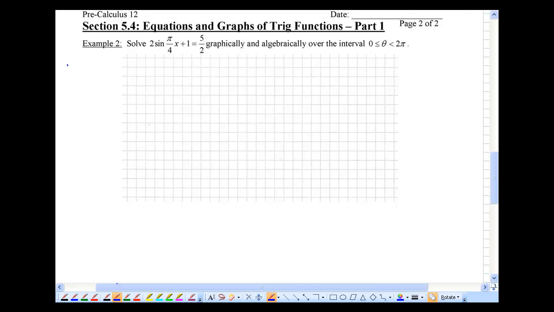So graph out y equals 2 sine pi over 4x plus 1 first, and then another equation, y equals 5 over 2. Find all the intersection points, and there you go. And then I'd like you to solve this algebraically as well. Okay? Go ahead.